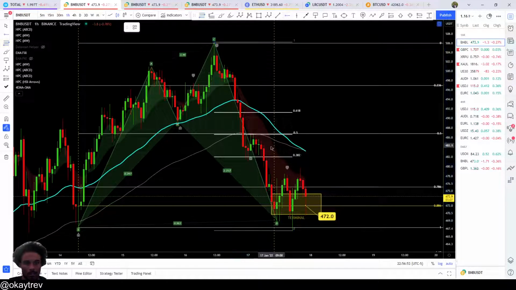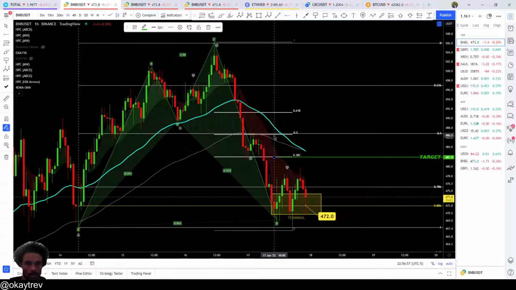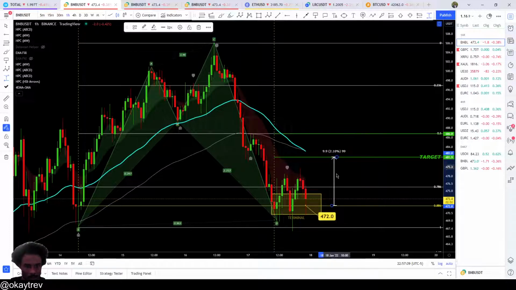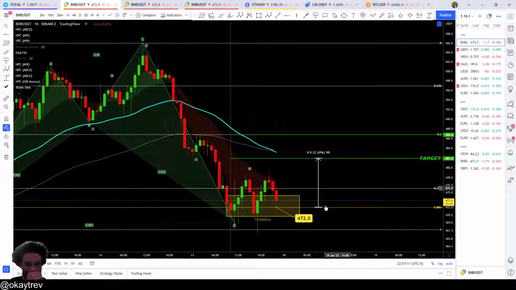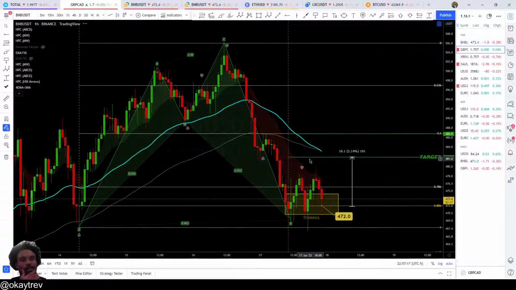Our setup target is going to be our 38.2. It's going to be our first target. So it's not that bad of a setup. $10 away. 10 points. I don't know how that sounds to you.